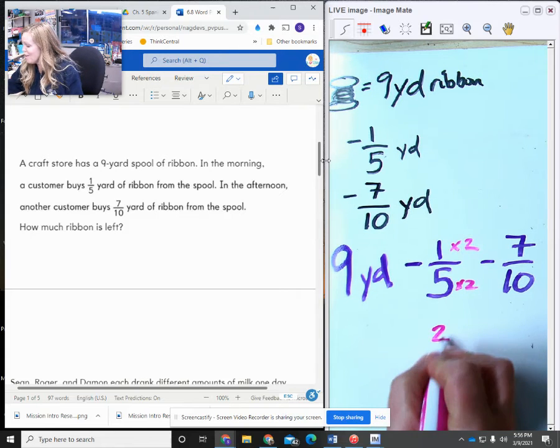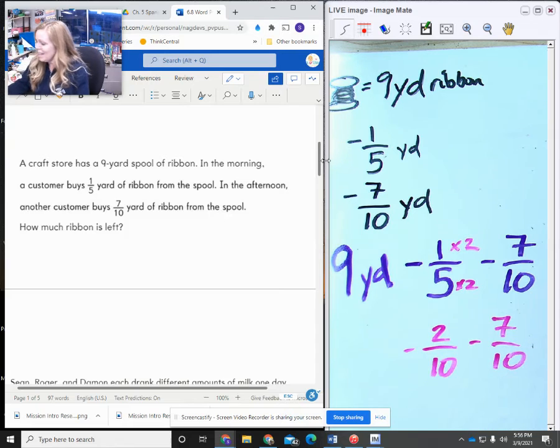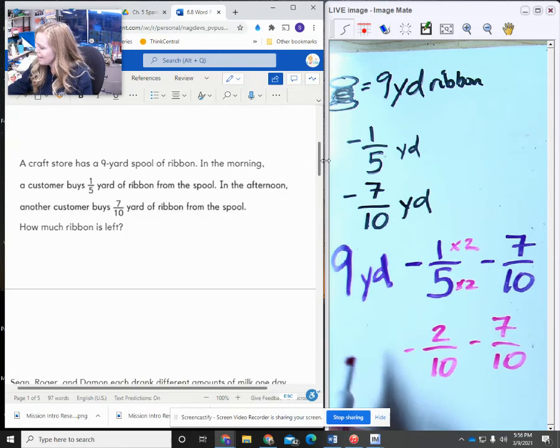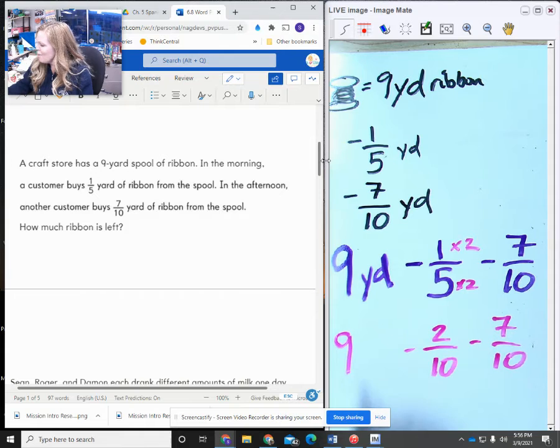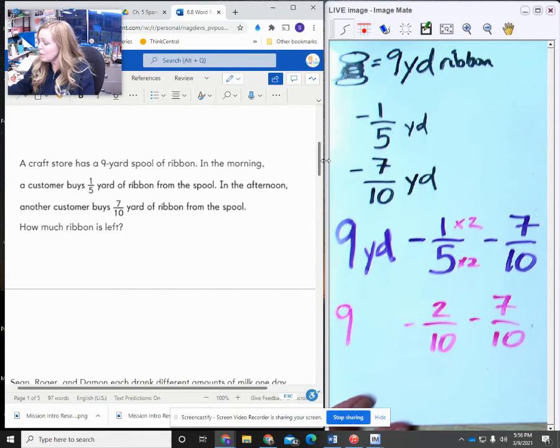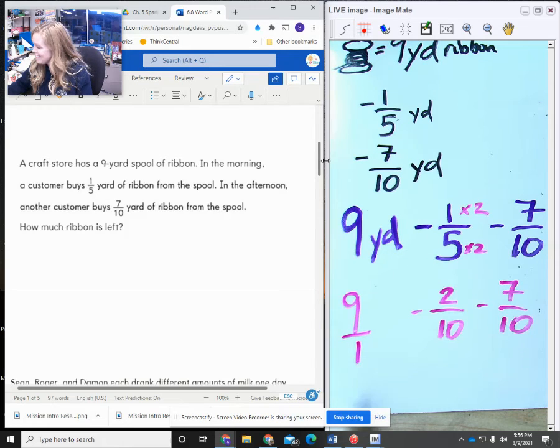Okay, so now I have 2/10 minus 7/10. Can I take this from a whole? You could put that over 1, because it doesn't change the value, but then doesn't that have to become a 10th? Yes. Could we do it an easier way, Gemma?